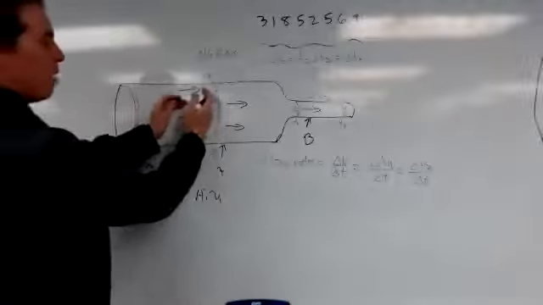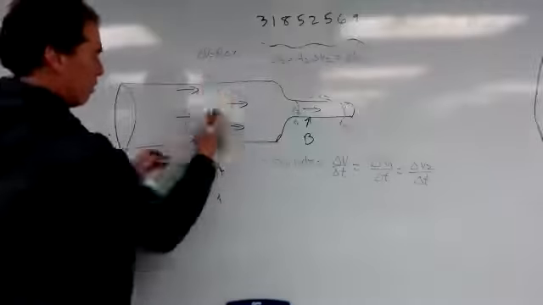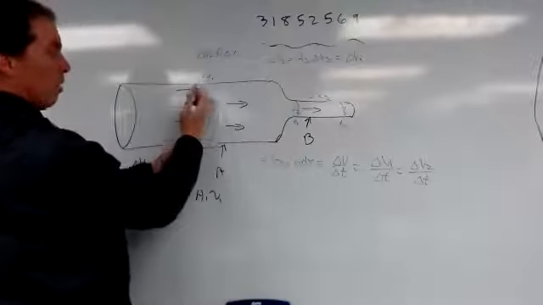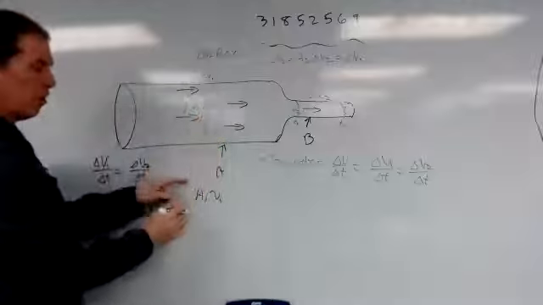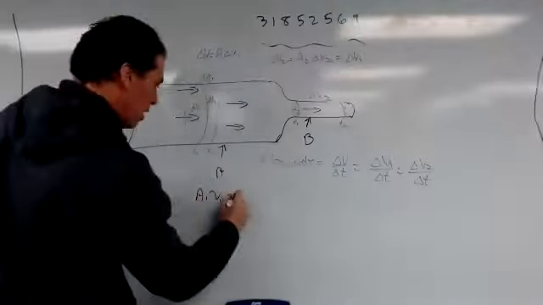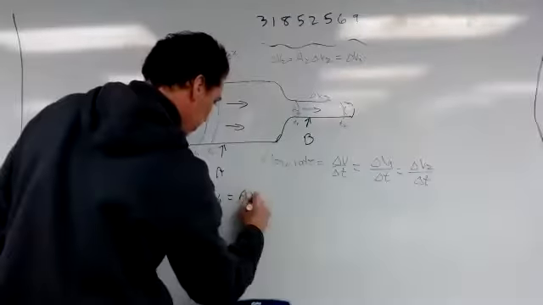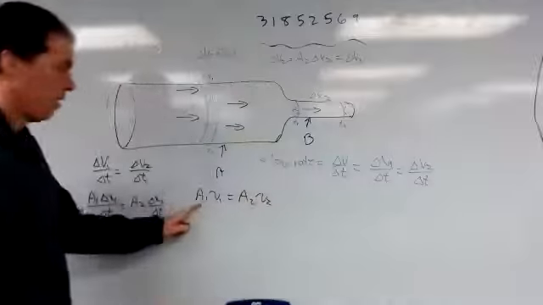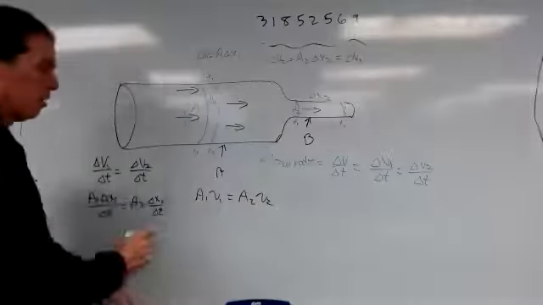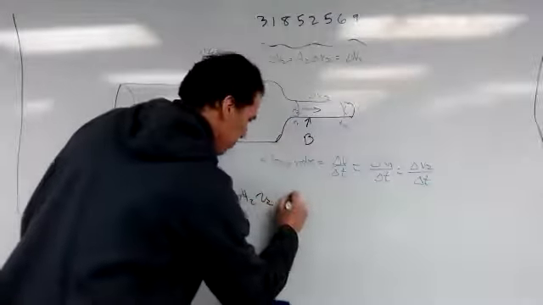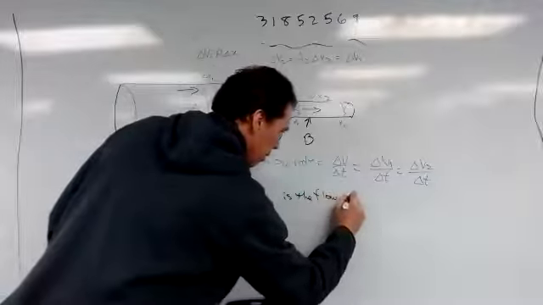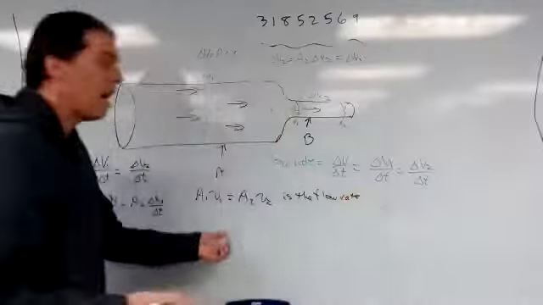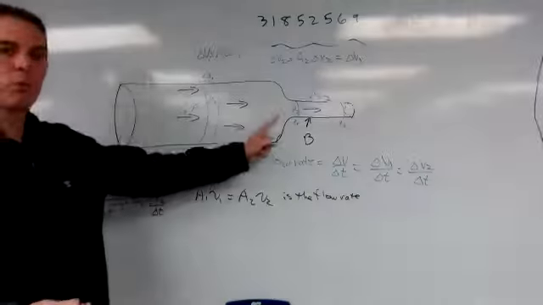It's just how far the fluid advances in time delta T, and that's just the speed. And so it's just the area times the velocity that is the flow rate, which is constant throughout the fluid.